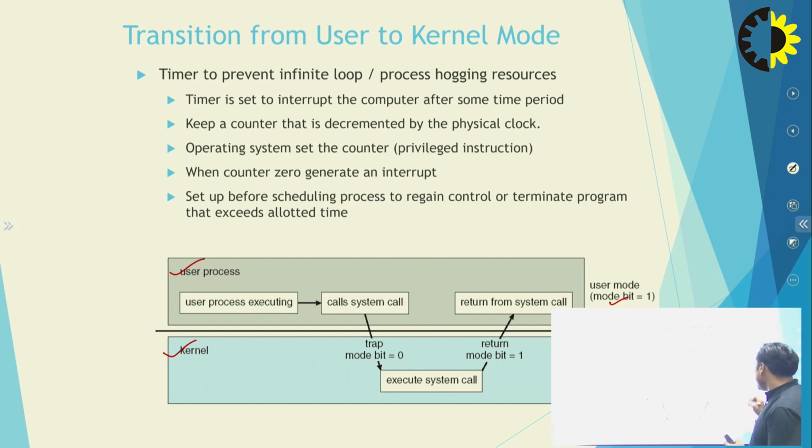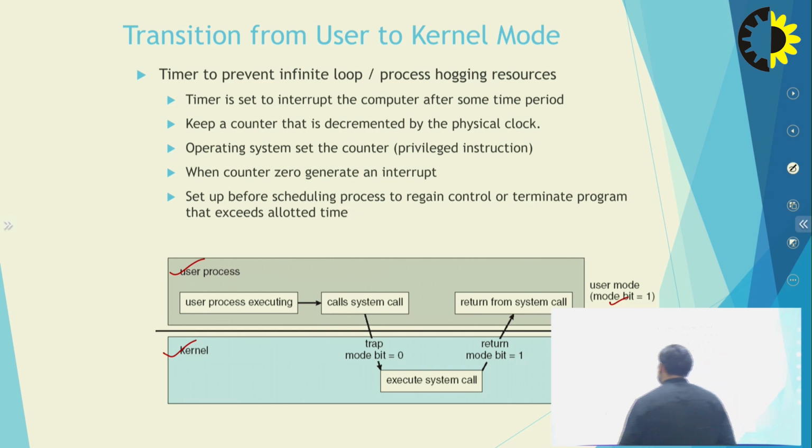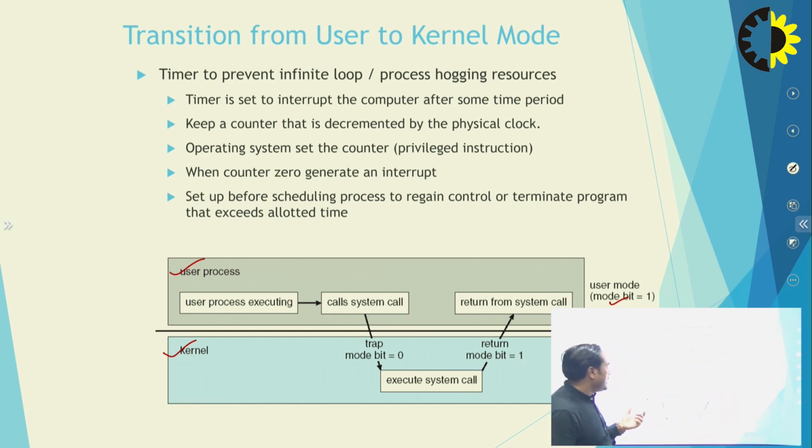So this is 1 and this is 0, and in kernel mode the operation is performed in the form of mode bit 0 and mode bit 1. In mode bit 0 there is no request, and the user inputs the request, which is listened to by the kernel. Then your program runs. This is execute system call.